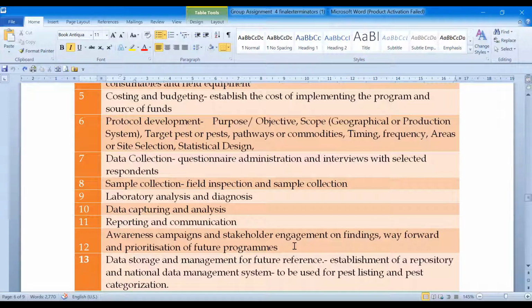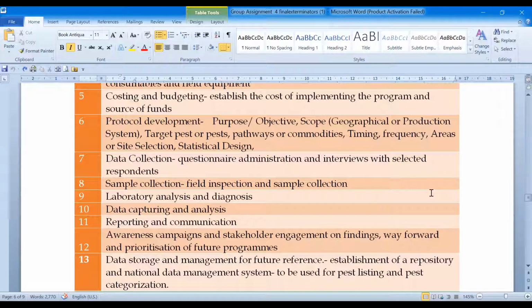And then data collection, the administration of questions and interviews with selected respondents. So they use questionnaires to administer that. And then sample collection. So they use field inspection.